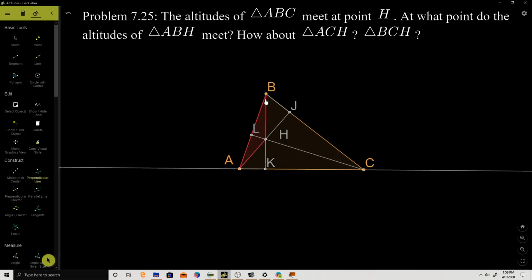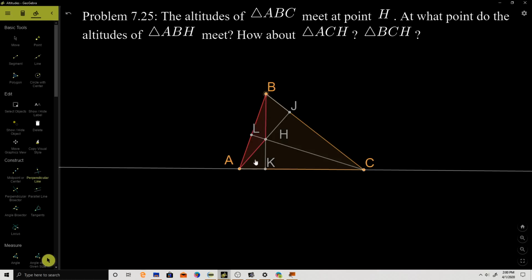It's making a 90-degree angle, but it's going through C. That's funny. I mean, that makes sense because if we extend the base BH, that would be the line BK. And since the altitude can hit the extension of that line, then AKB is making that 90-degree angle. Okay, it's a little weird, but sure.